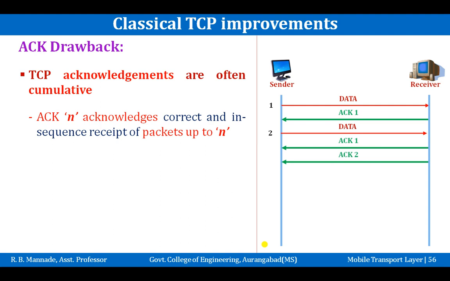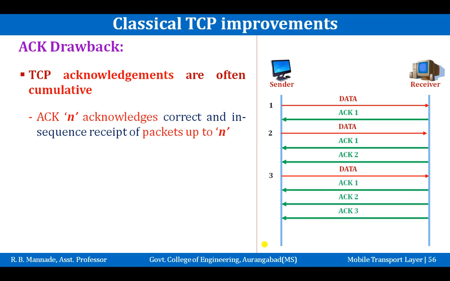It represents that till now the receiver has received two packets, 1 and 2. Similarly, suppose this is the third packet sent by the sender to the receiver. Now the receiver needs to send three acknowledgements, 1, 2 and 3.